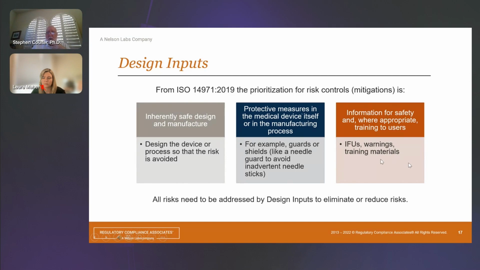The last one talks about all of your instructions, including in your IFUs, you're going to have a line about be sure you throw this away in a sharps bin so nobody down the road can get stuck by this needle by playing around with it. So you always have to follow this. This is a clear intersection point where you can see where your inputs and your risk management are just intimately interwoven. Every risk, every potential hazard that you identify must be addressed by at least one design input. So this is a critical point.